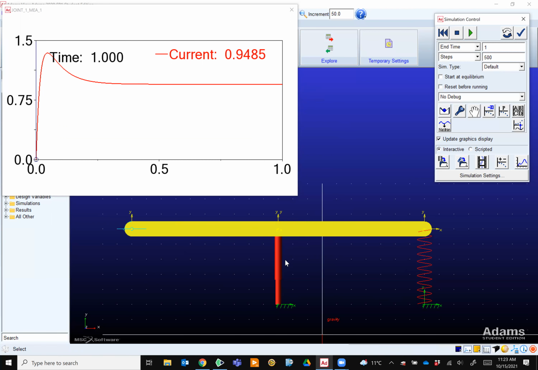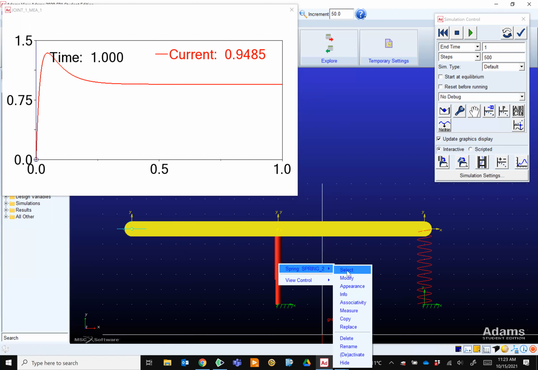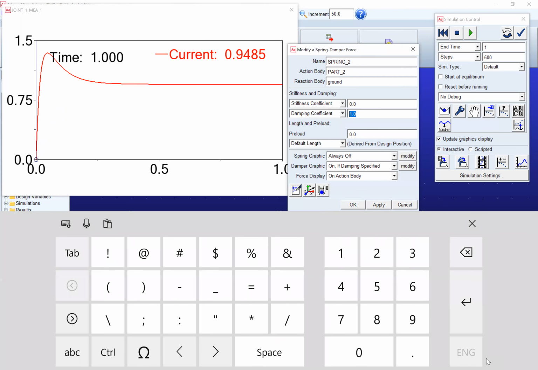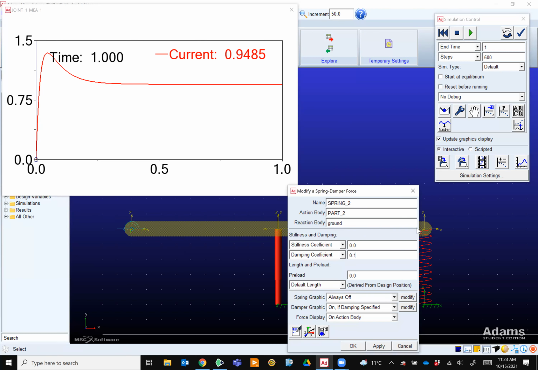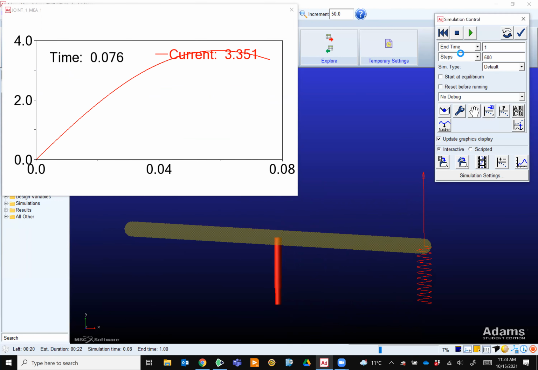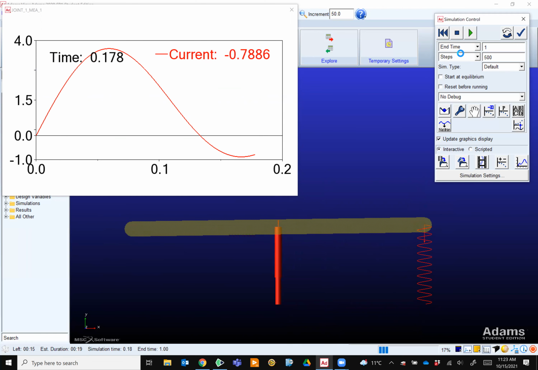So that's about it. And again, returning back to the idea of not critically damped, but some damping, which is the focus of our discussion.